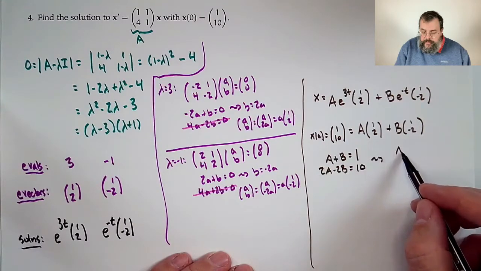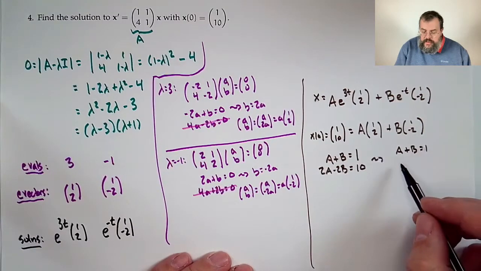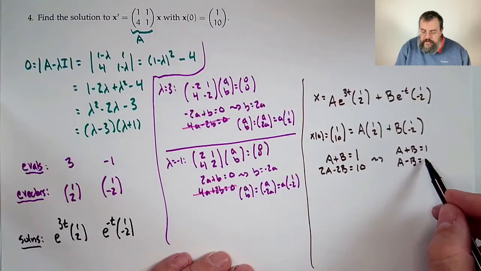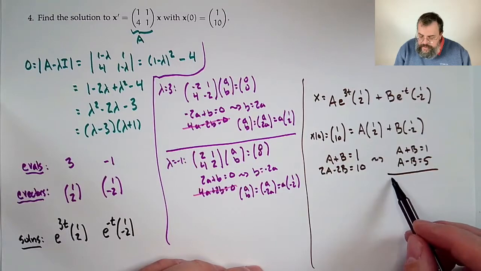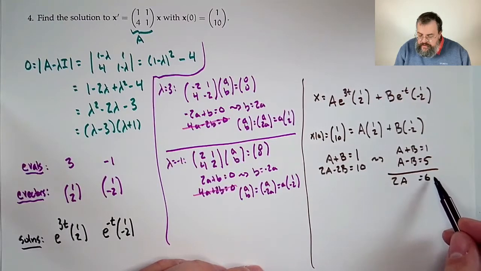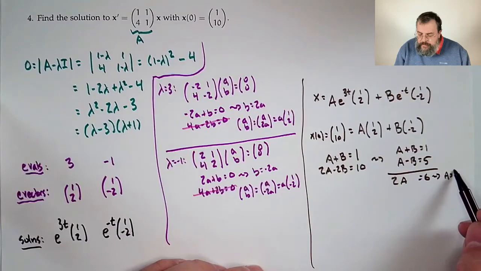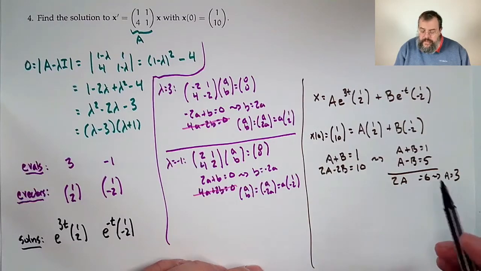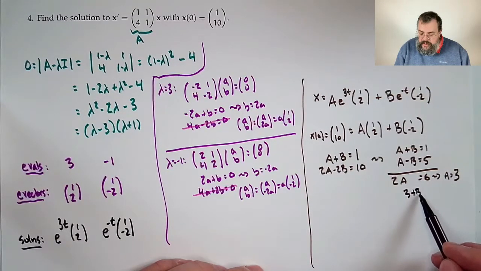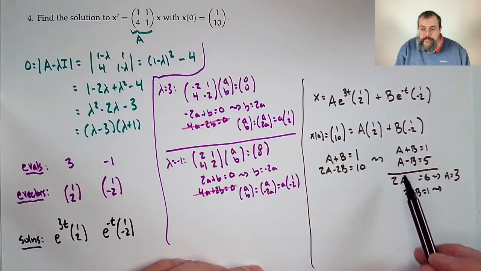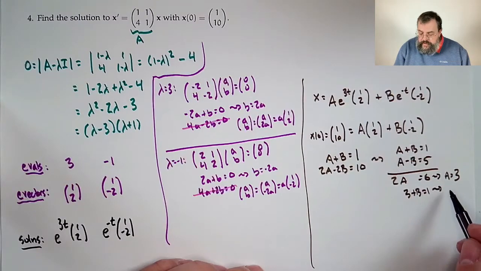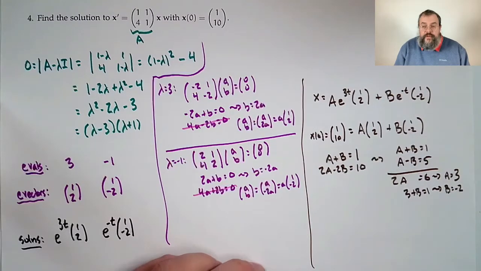Well, okay, that's the same as saying a plus b equals 1, a minus b equals 5. And this is like, well, just add them together. If we add them together, what happens? Well, 2a equals 6. So that says a has to equal 3. And now 3 plus b equals 1, because I'm just going up to the first equation, plugging in a equals 3. So that says b equals -2.